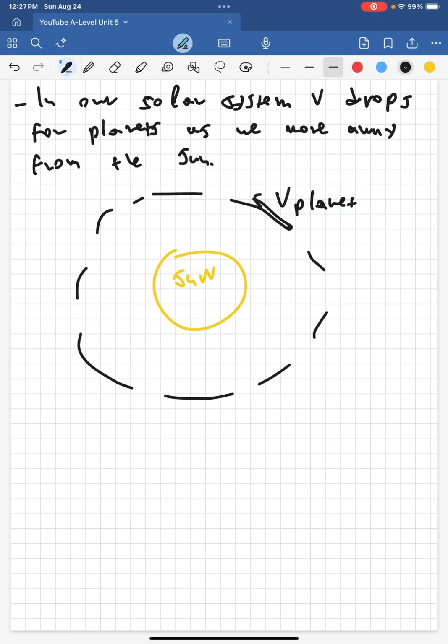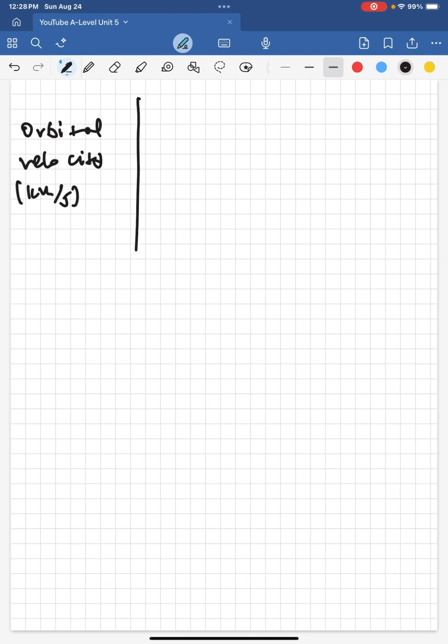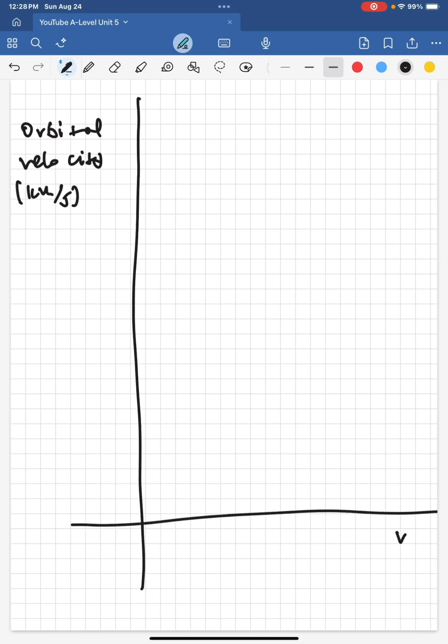So I went online and collected all these speeds, so I'm gonna plot them for you here. On the vertical axis, let's plot the orbital velocity in kilometers per second, which is the form of the data I had at my disposal, and this is the distance in kilometers.